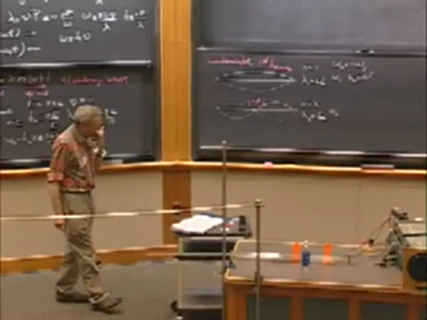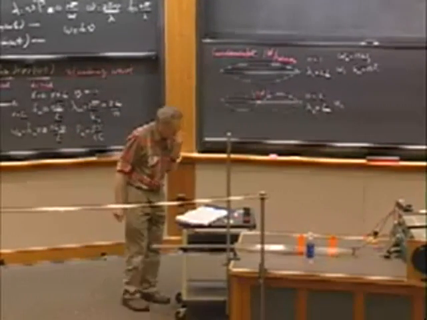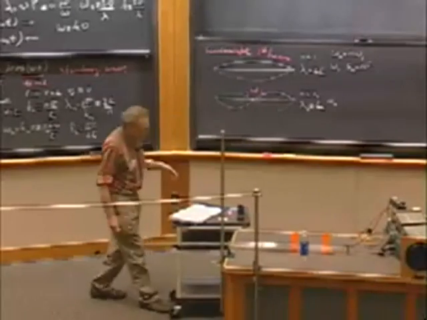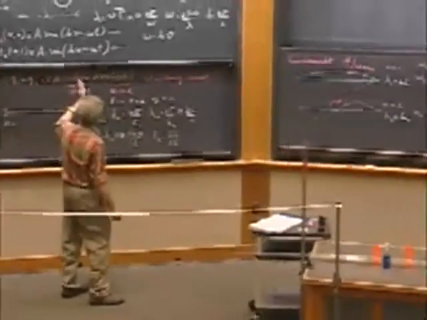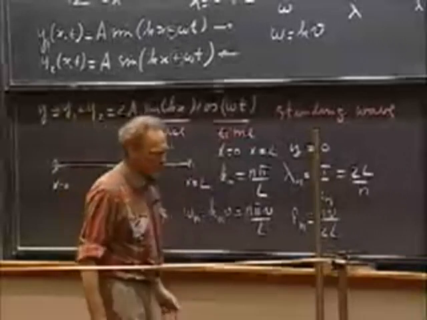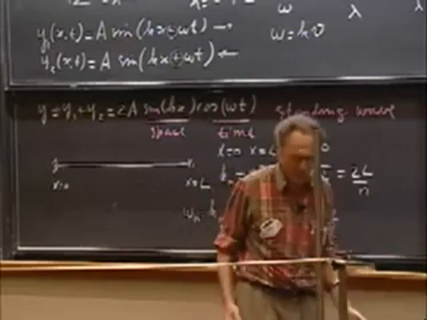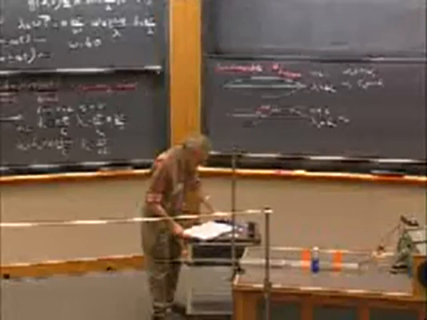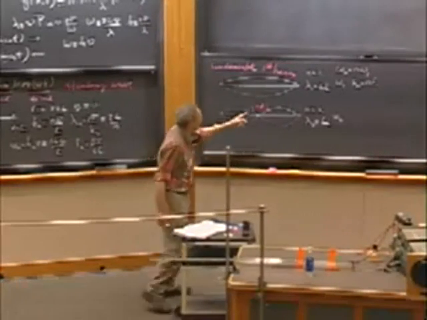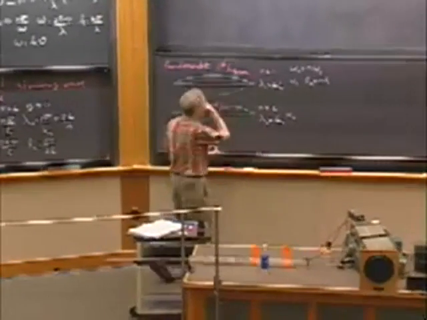Now when I'm driving this string at one end, I will have a wave going in and have a wave coming back. That is exactly the recipe that I need for a standing wave. I get reflection here, and so I have one wave going in and I have one wave coming back.